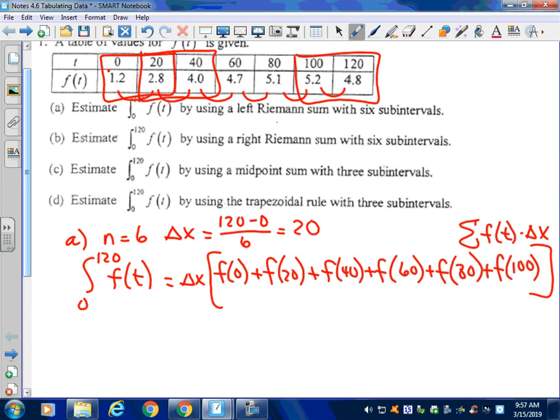For example, if the first one went up by 20 and the next one went up by 30, then I put times 20 on one and times 30 on the other, because they don't have to be equal. So we have 20 to be multiplied by 1.2 plus 2.8 plus 4.0 plus 4.7 plus 5.1 plus 5.2.